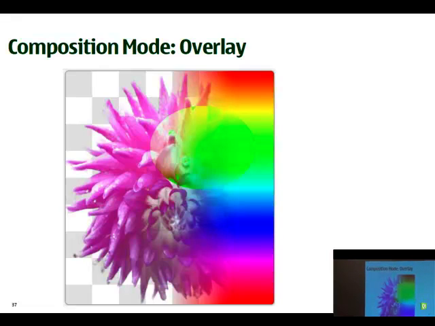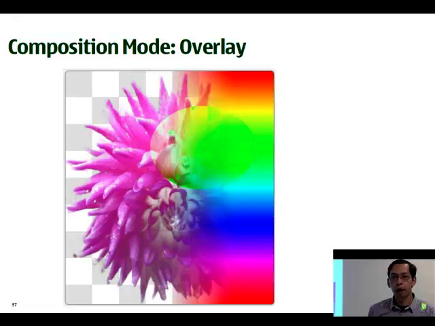The question is now, what's the use of all these three composition modes? You can have a bloom effect by utilizing the composition modes. Let me launch the examples. We can close this.